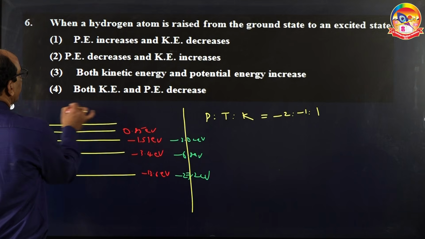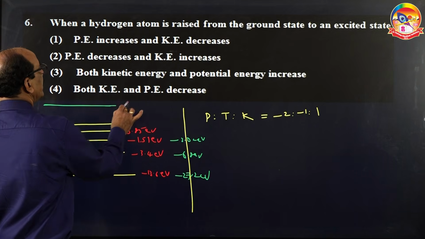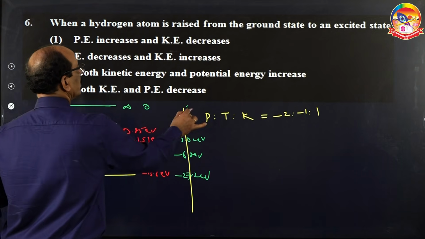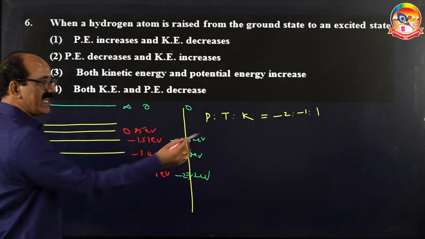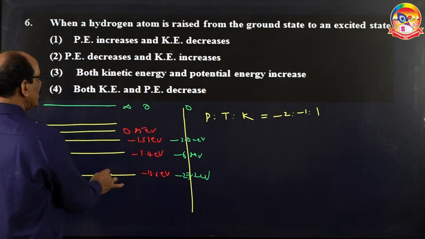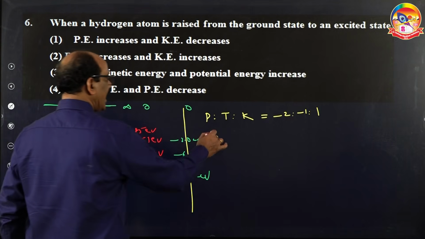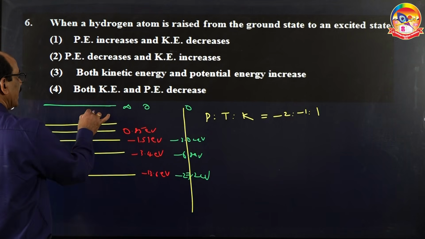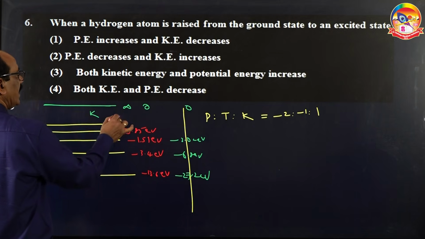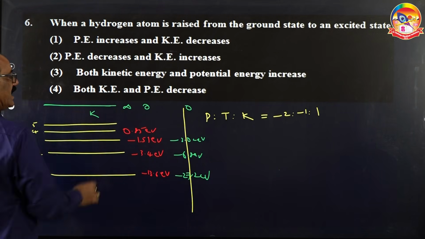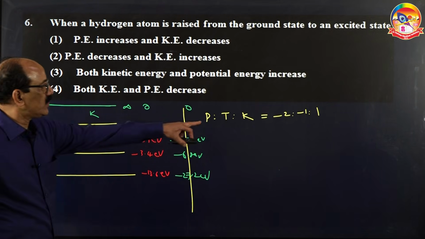In the infinite energy level, both potential energy and total energy are zero. Kinetic energy anyway will be 0. So as you go to higher orbits, I am writing kinetic energy here. Kinetic energy is equal in magnitude to the total energy.